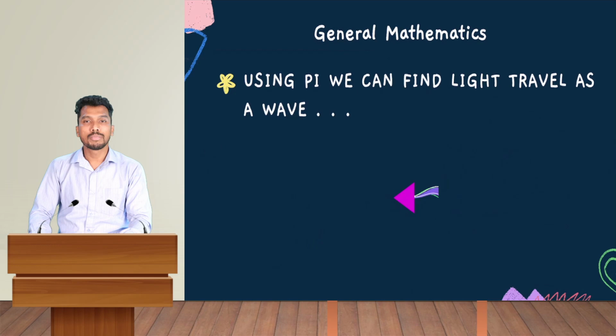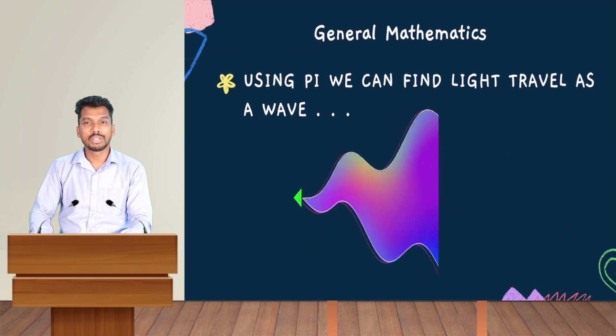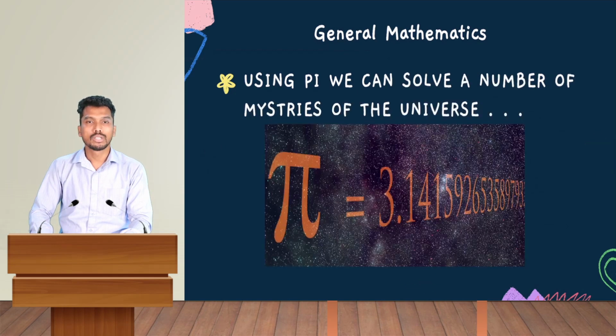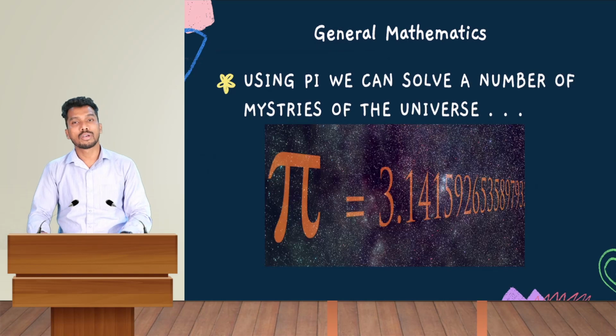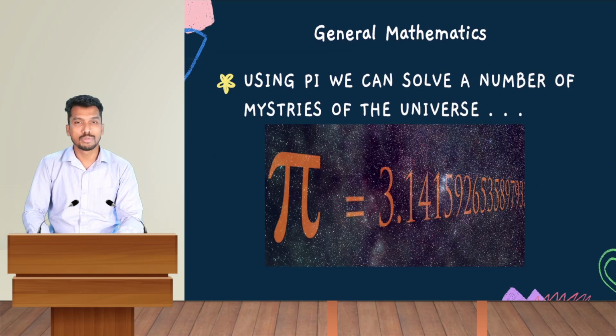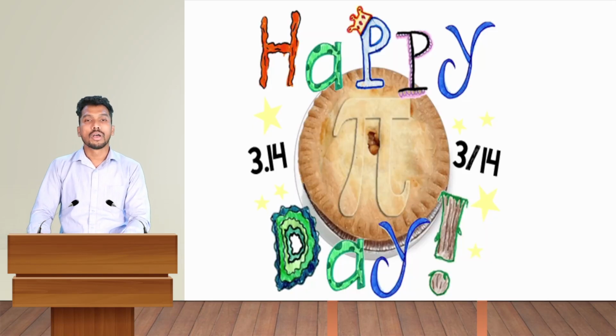Using pi, we can find the path of light in the wave form. Using pi, we can solve a number of mysteries of the universe. Happy Pi Day to all.